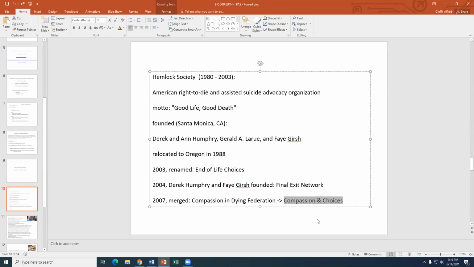Compassion and Choices is now the current version of the Hemlock Society, intent on legalizing physician-assisted suicide in every state of the union. But unlike Roe versus Wade, which took the case all the way to the Supreme Court and got the Court to legislate at the federal level, legalizing abortion throughout all 50 states, they realized this would be a steeper hill to climb.